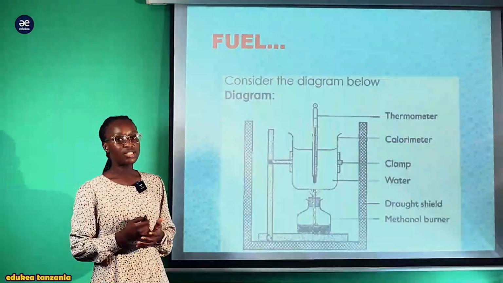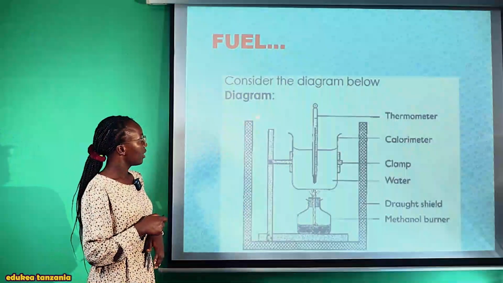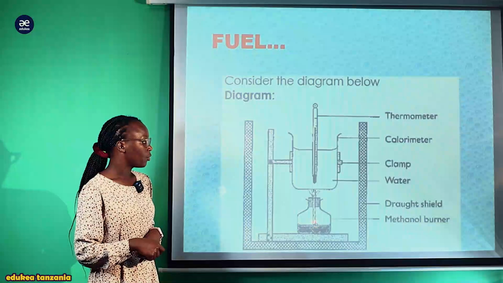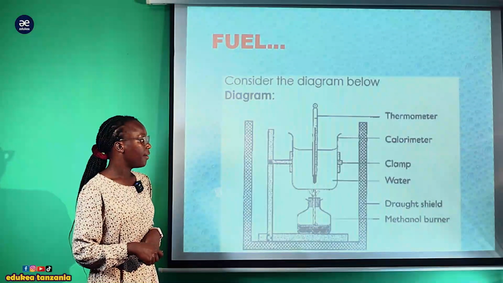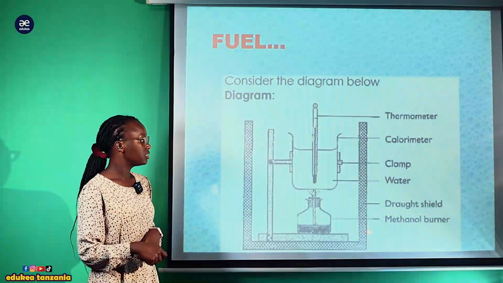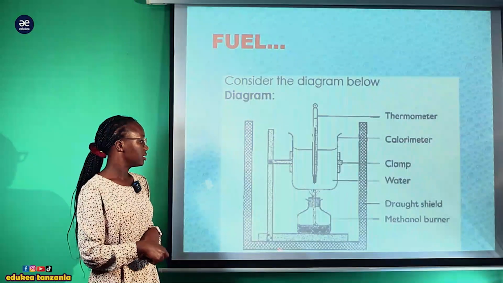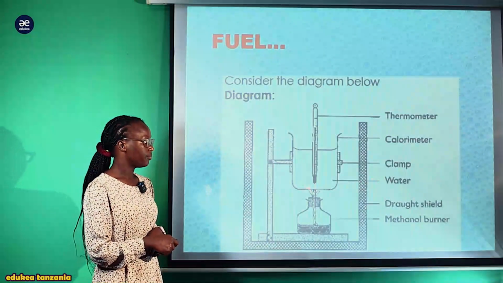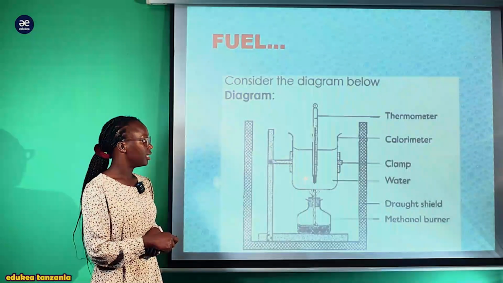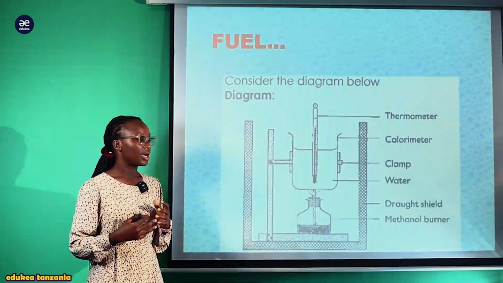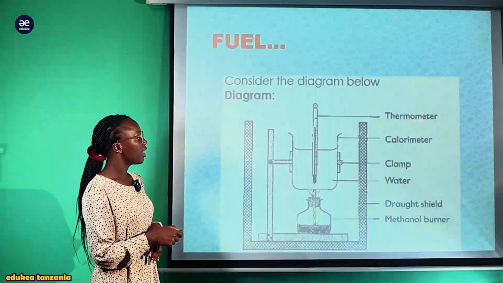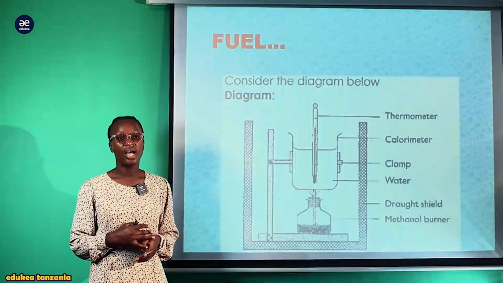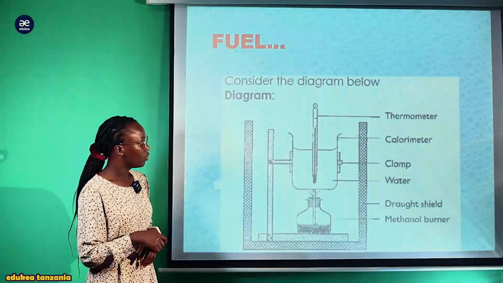Now consider this diagram. This is the methanol burner, whereby the heat is produced here, but here we have draught shields which cover this process, and here we have the water, and this water is held in a calorimeter with clamps. We also have the thermometer here, which measures the different ranges of temperature of our water.